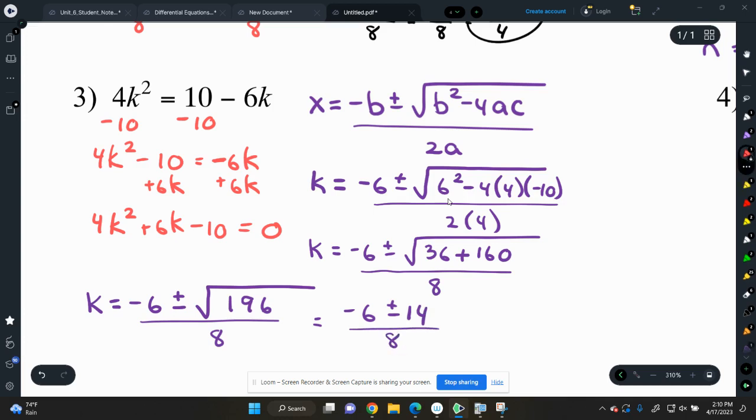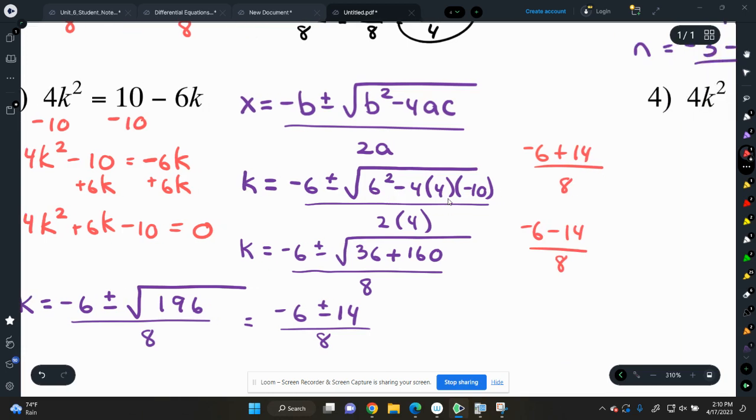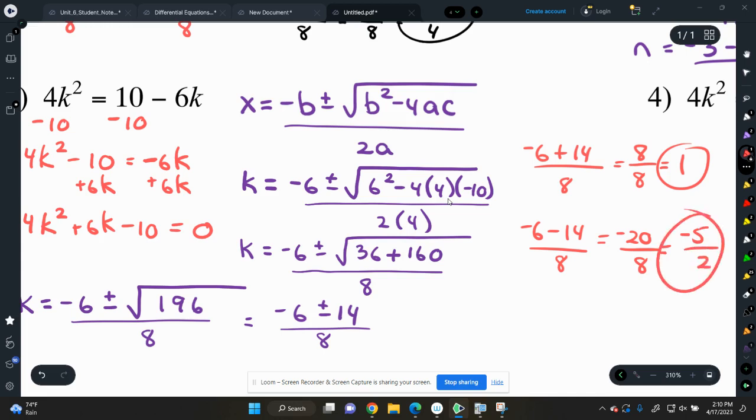So we have negative 6 plus 14 over 8 and negative 6 minus 14 over 8. That gives me 8 over 8, which is 1, and negative 20 over 8. Let's see, 4 goes into 20 5 times, and it goes into 8 2 times. There we are, 1 and negative 5 halves.